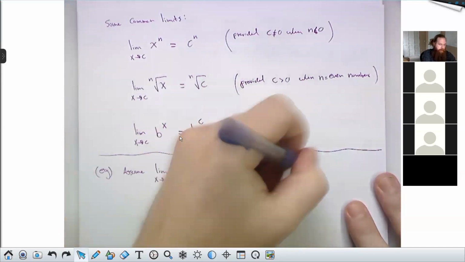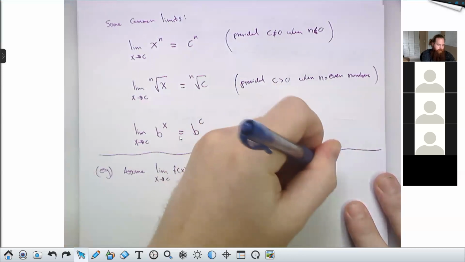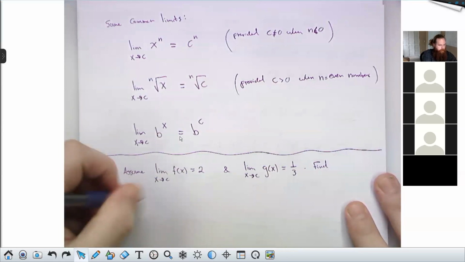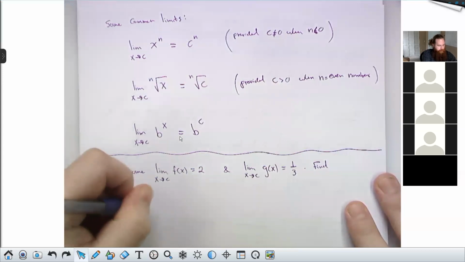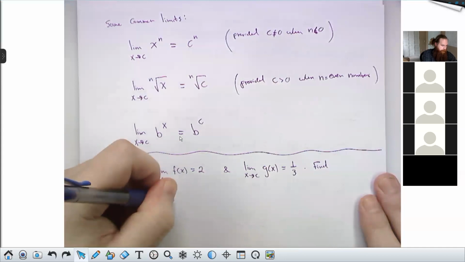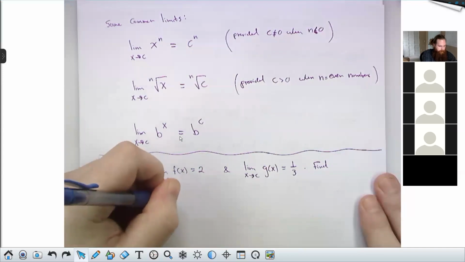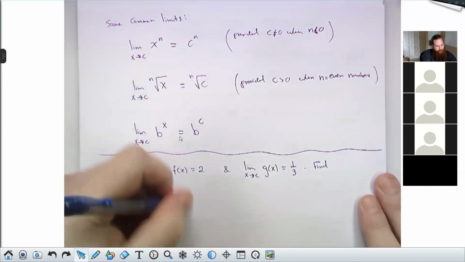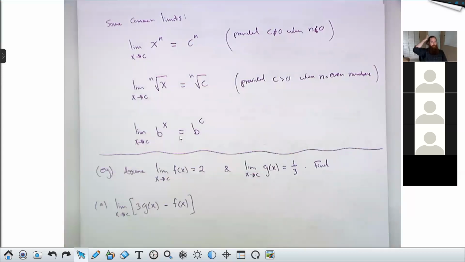Can we find the limit as x approaches c of 3g of x minus f of x?